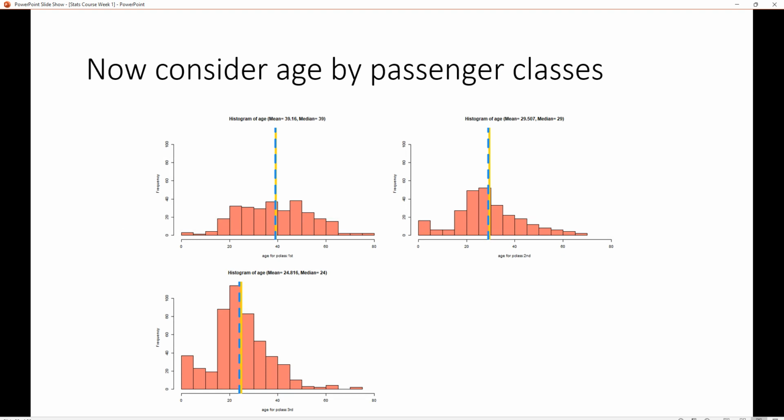Okay, so now we'll consider age by passenger class. We looked at the difference between men and women and didn't see a lot. We saw something that could be important, but suppose you're working on something within the hospital and you're looking at maybe an intervention, or maybe we're looking at readmission rates that are different this month compared to the previous month.